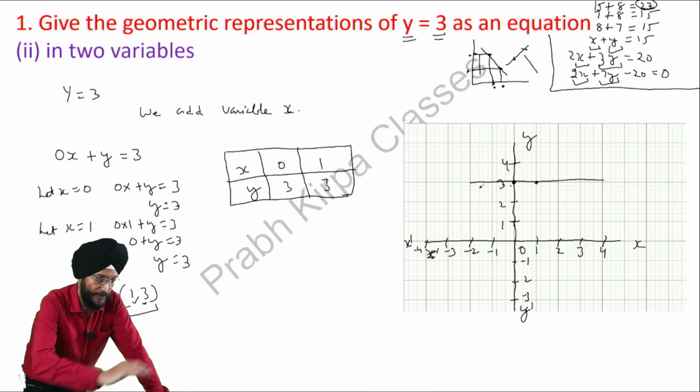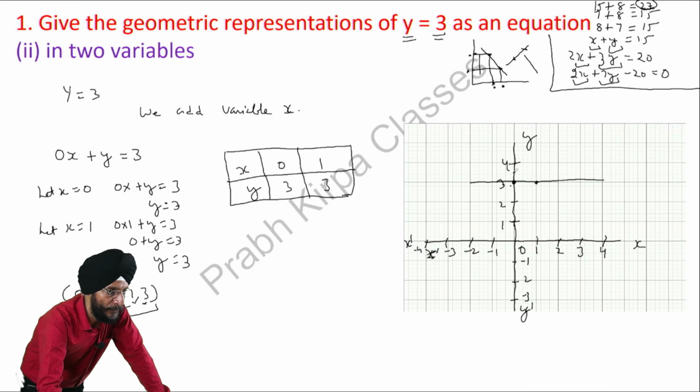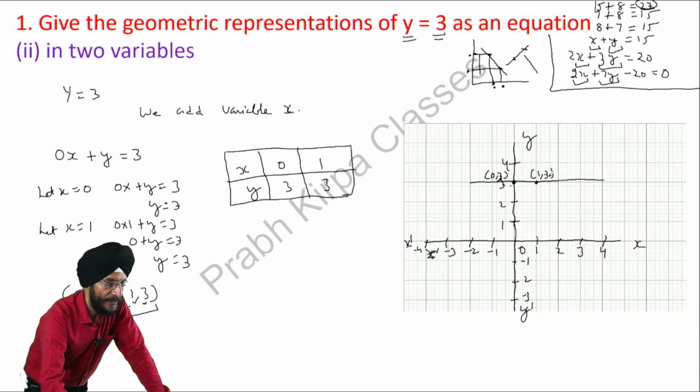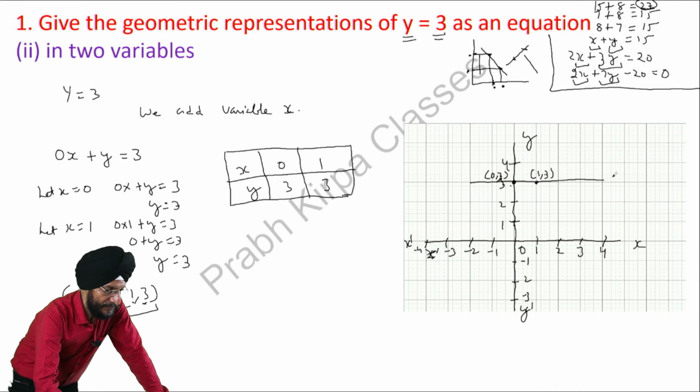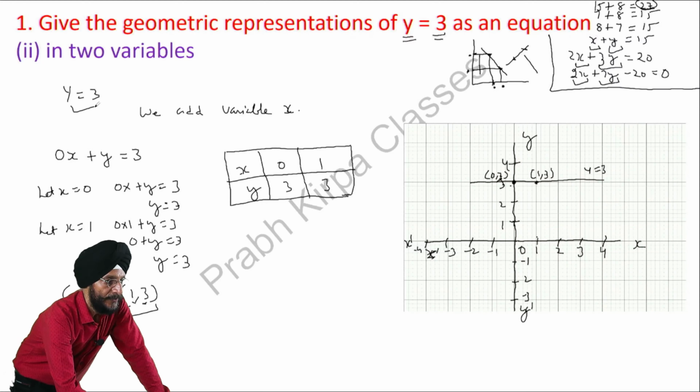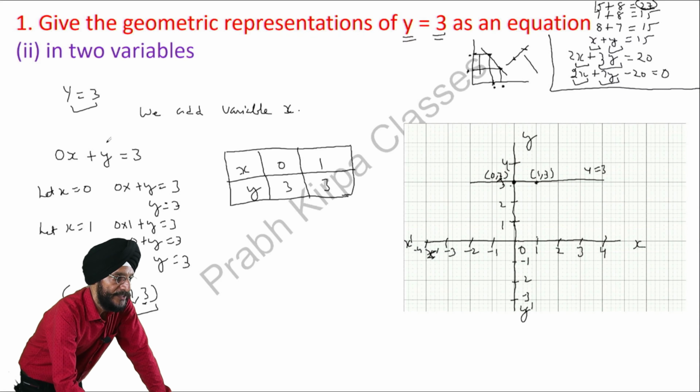a straight line. At this point solutions are 0, 3. At this point, solution of x and y is 1 and 3. Here it is parallel to the x-axis, it is the equation y is equal to 3.